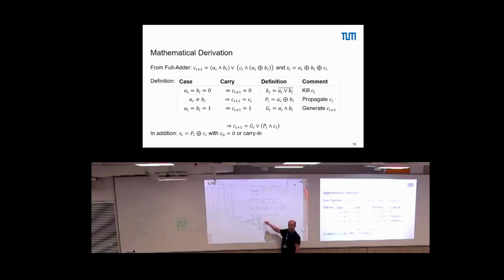The indexing is a little bit different, but that's just because it's more convenient to write it like that, to have all the i on the same thing. Okay? And then we have another thing: the sum bit is effectively propagate XOR Ci. That's just the XOR of carry, Ai and Bi, and that's just the outcome.